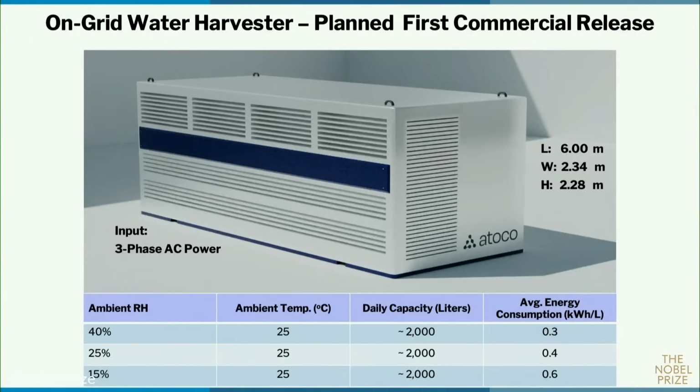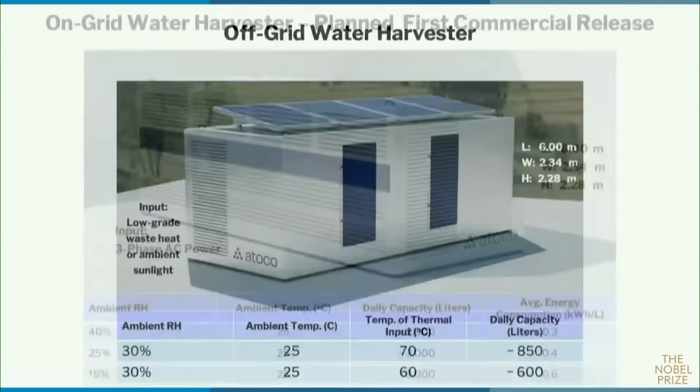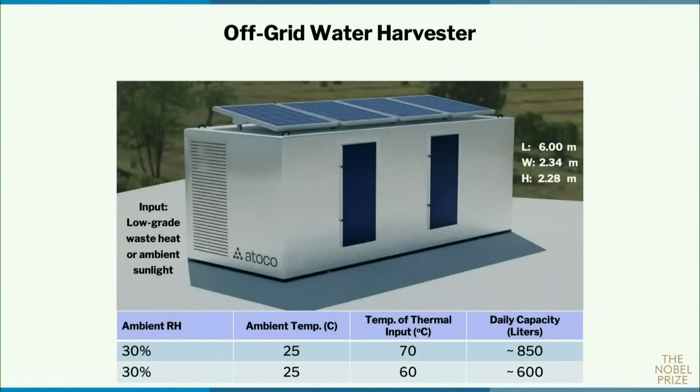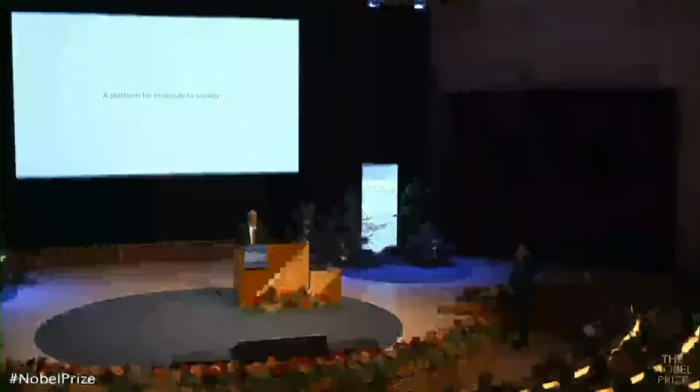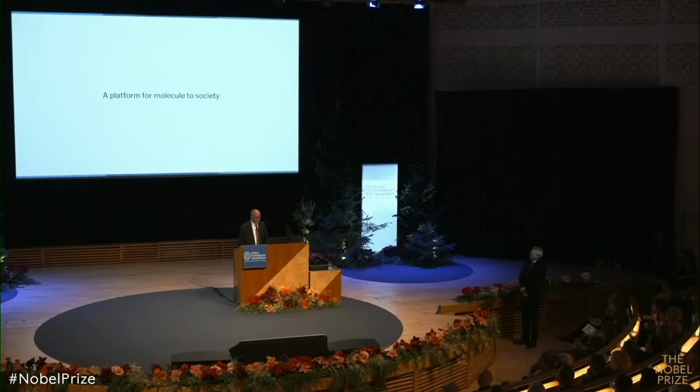So it's completely cyclable. And here again, with no energy input, just ambient sunlight or low-grade waste heat, you can get almost 850 liters per day, every day for 6 to 7 years. And so, finally, I have two more slides.